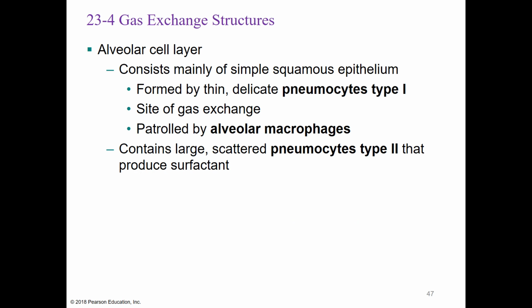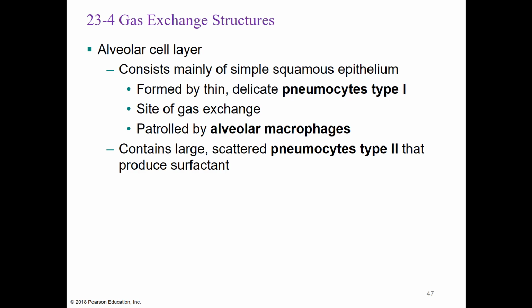The alveolar cell layer consists mainly of simple squamous epithelium, which is formed by thin, delicate pneumocytes, type 1. This is where gas exchange happens, and it is patrolled by alveolar macrophages, which we talked about before. These are the ones that help to engulf invaders.